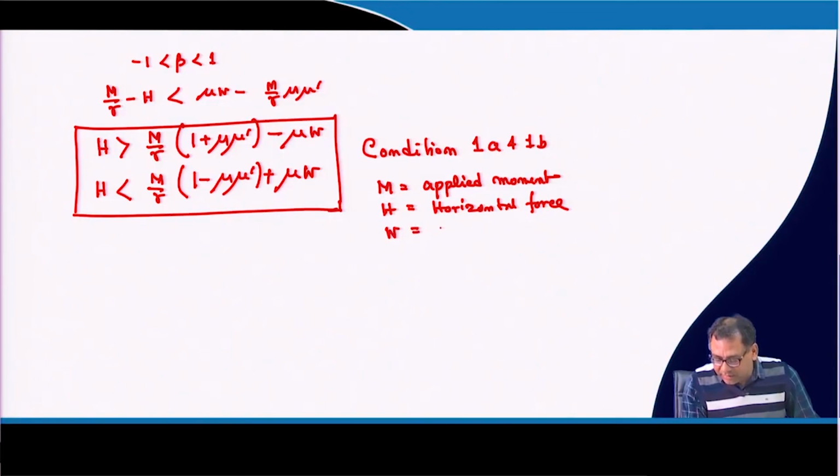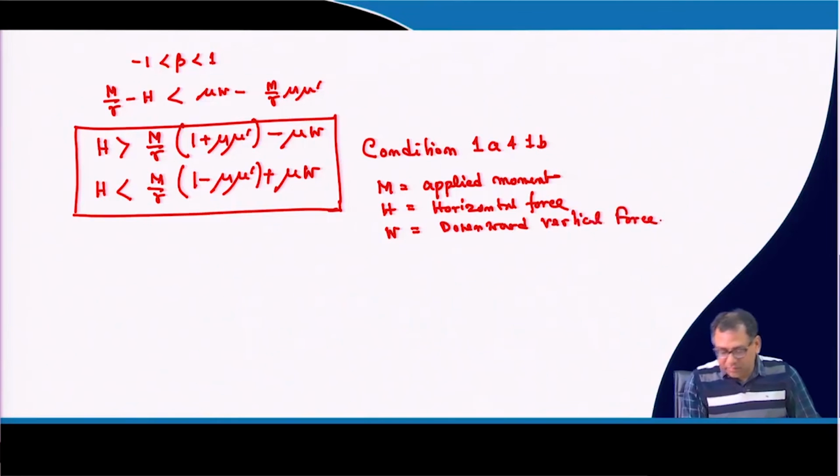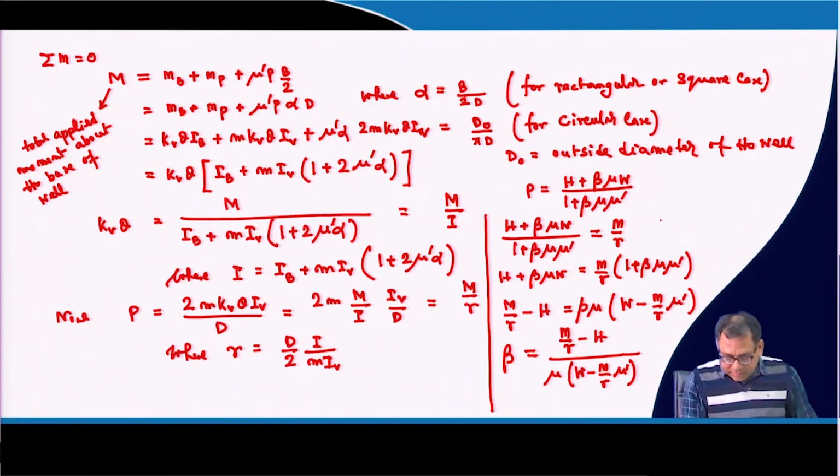W is the downward vertical force, and the R value is given.